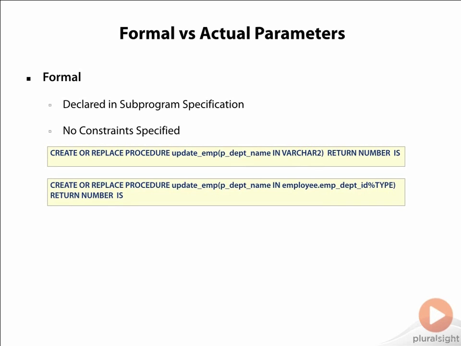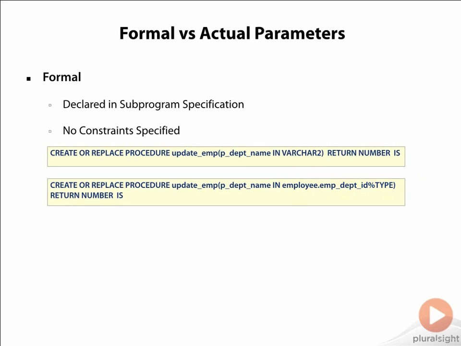We can also declare the formal parameters using the table name.tableColumn%type syntax like the employee.empdptid%type we have used here. So here they derive their data type from the table column. For numeric types, they derive their size constraint from the table column, but for character types, they still derive their size constraints from the actual parameter.